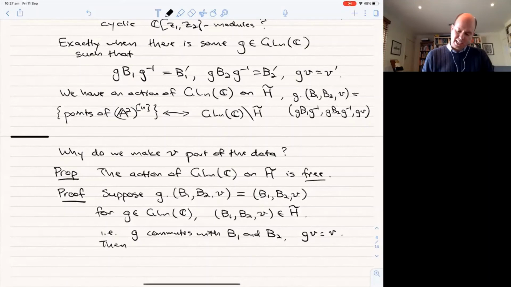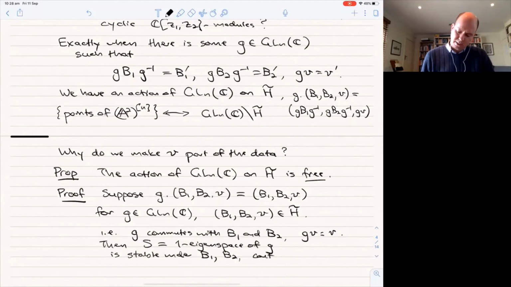But if that's the case, then if you let S be the one eigenspace of g, since g commutes with B1 and B2, they stabilize its eigenspaces. So this is stable under B1 and B2, and it contains v. So by the stability condition, S is the whole of C^n.